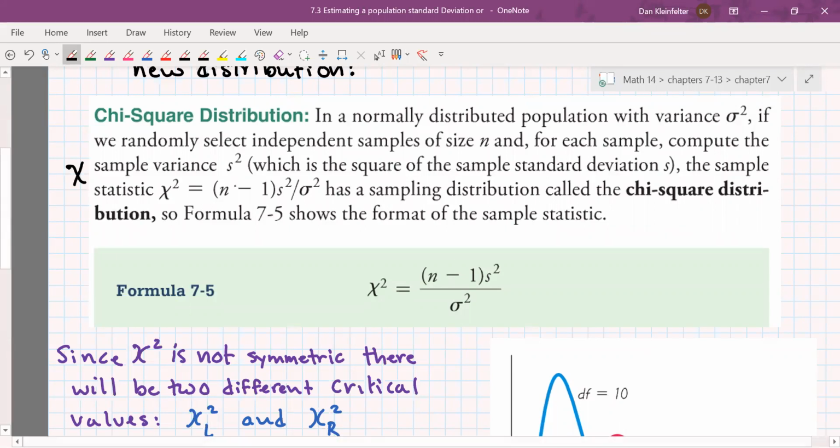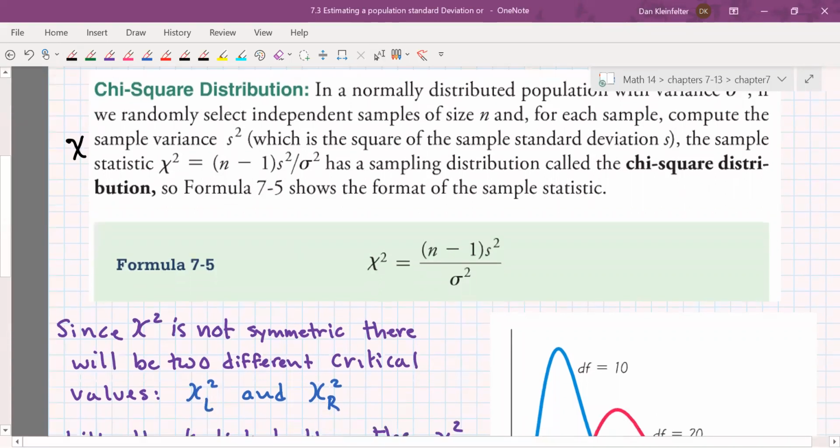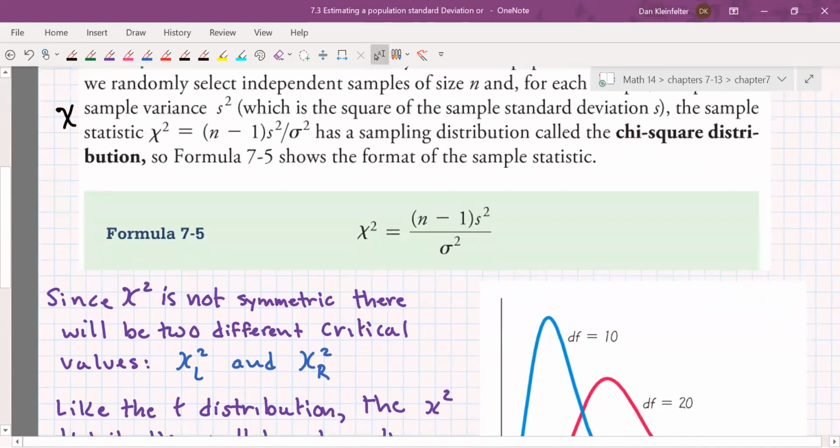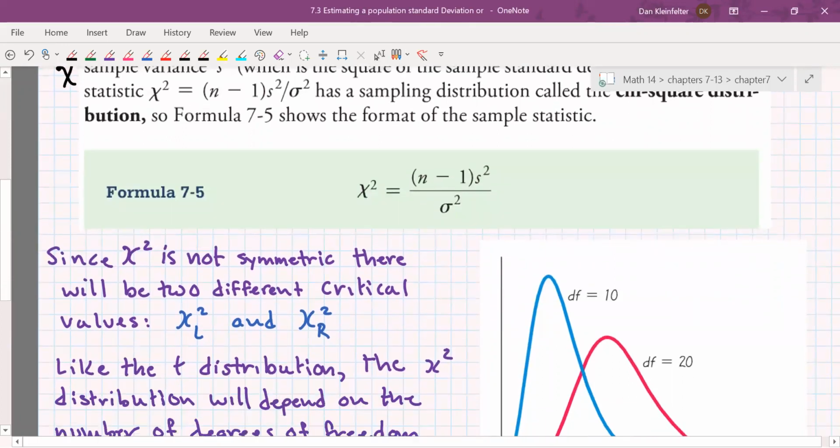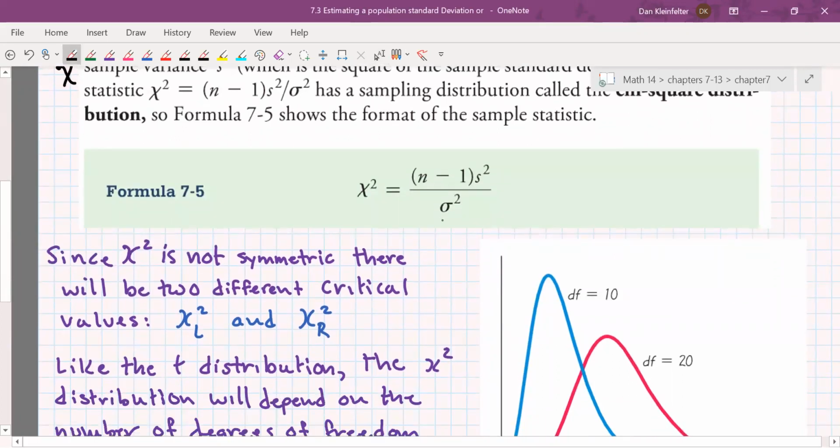And the formula for the sample statistic is chi-squared equals n minus 1 times s squared over sigma squared. So there's the chi-square formula. We mostly won't be using that formula in that exact form in this section, but in later sections we will.